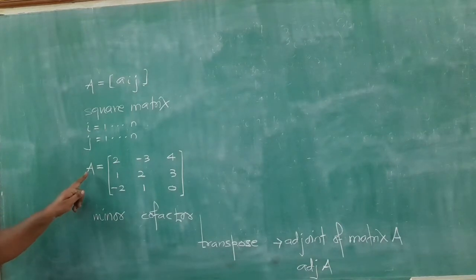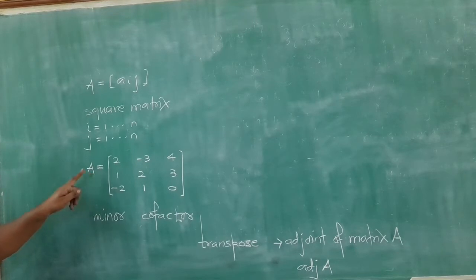It means to find out the adjoint of a matrix, necessarily the matrix must be a square matrix.